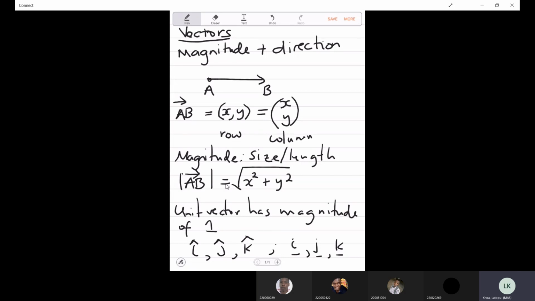And every vector can also be written in terms of its unit vectors. So for example, this vector AB, I can write it as xi plus yj. Remember, x and y are just numbers. So these are the three ways that we write our vectors: this is row, this is column, and this is in terms of the unit vectors.